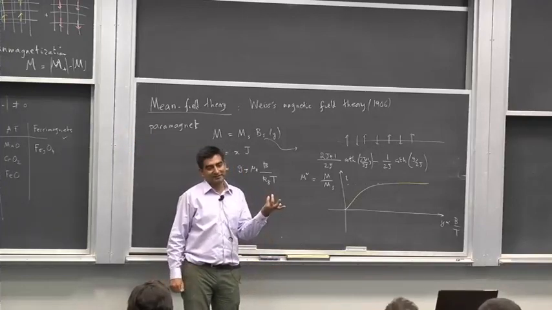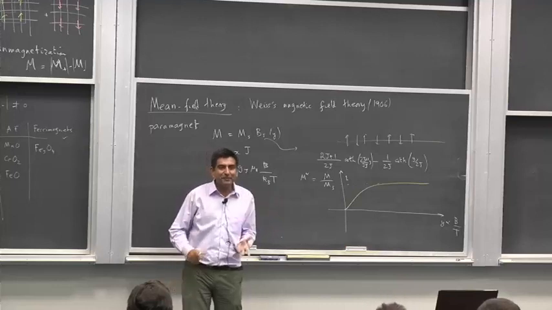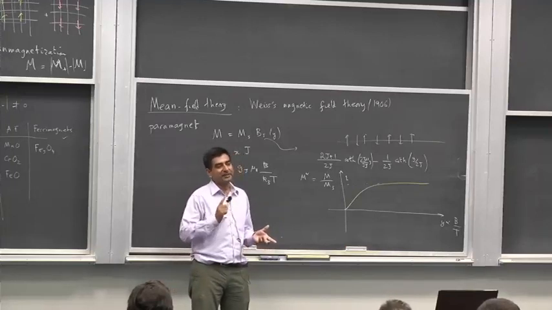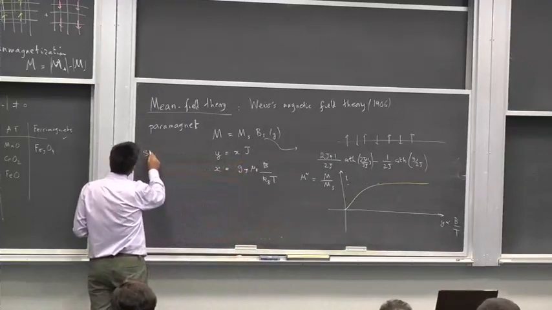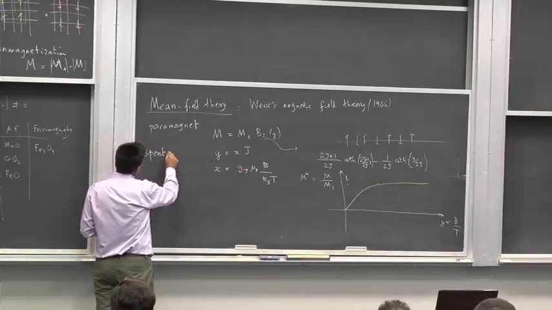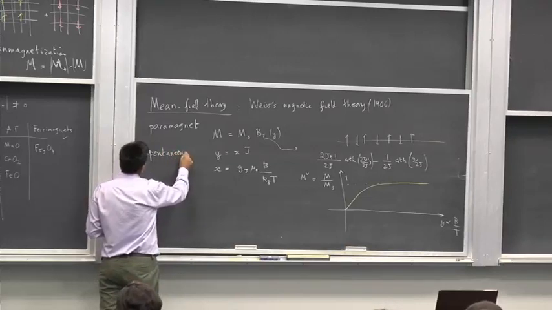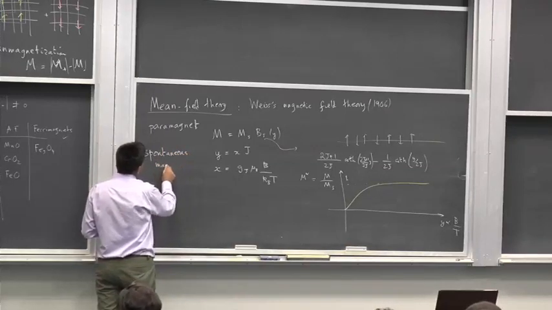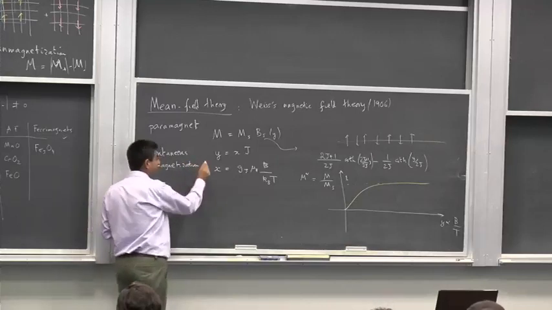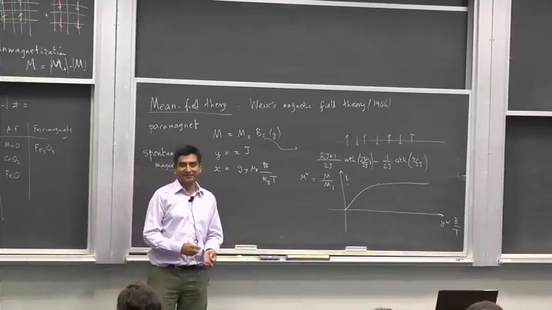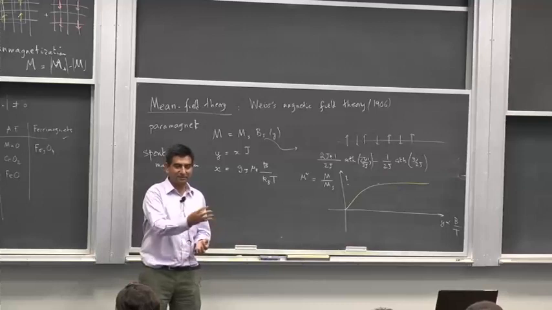I need large magnetic fields to achieve this kind of state. But a ferromagnet can be ferromagnetically ordered even in the absence of magnetic fields, because there is this concept of spontaneous magnetization. A piece of iron, if it is magnetized, such as a permanent magnet, can attract other pieces of iron.